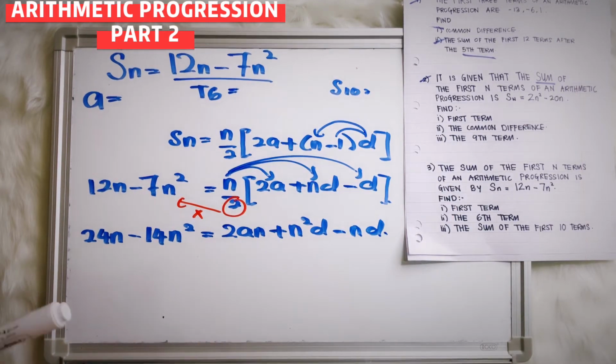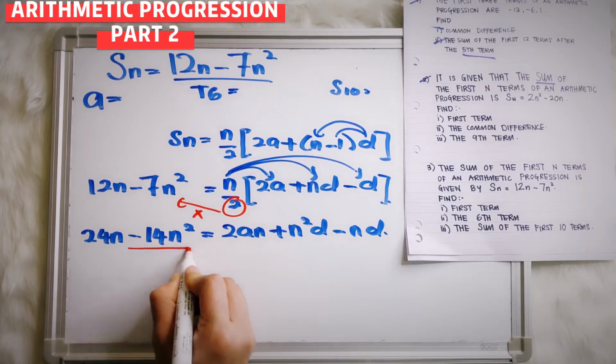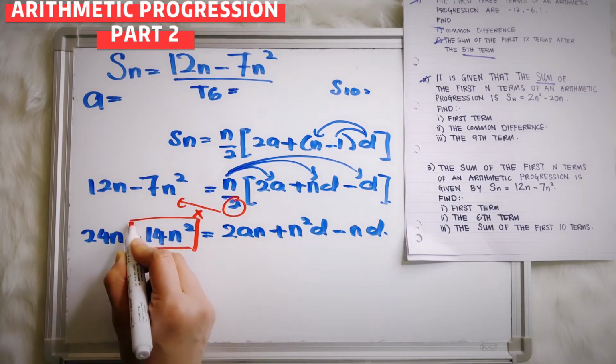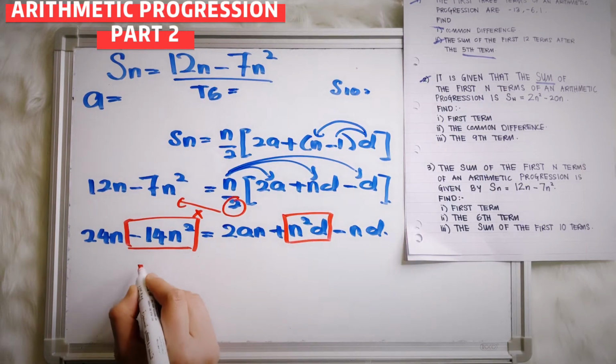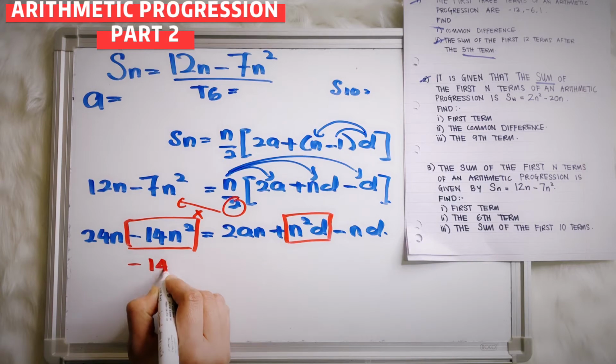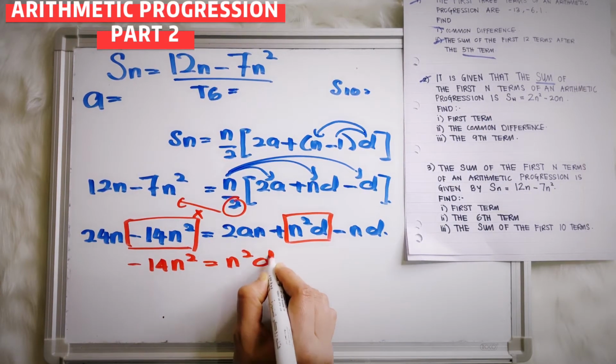So same like the previous question. I'll take this because this one has n square. So you put here negative 14n square equals n square d.